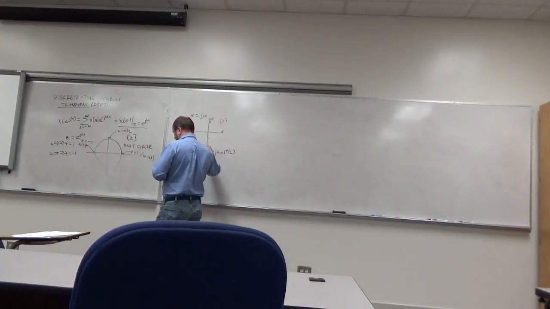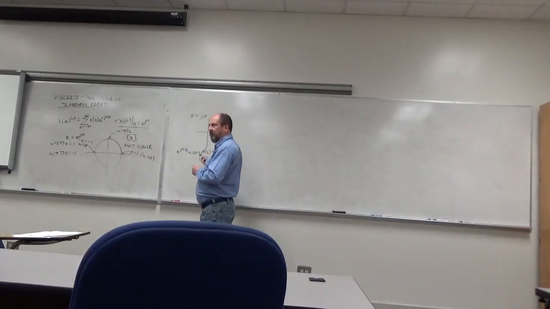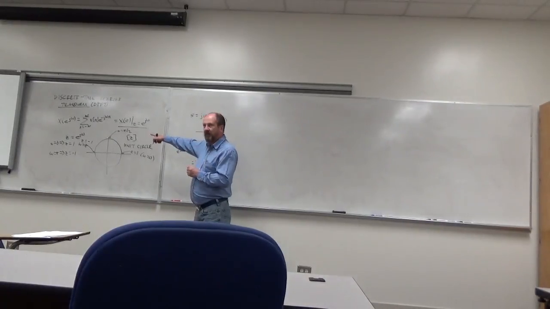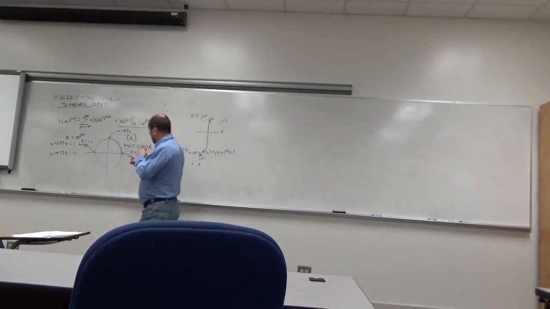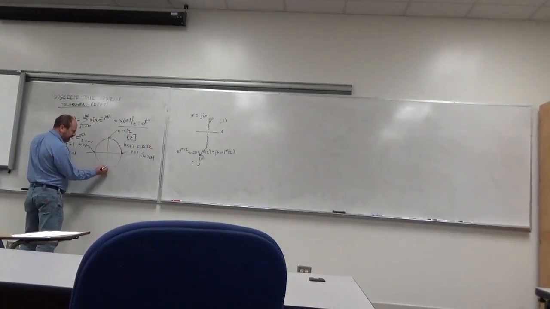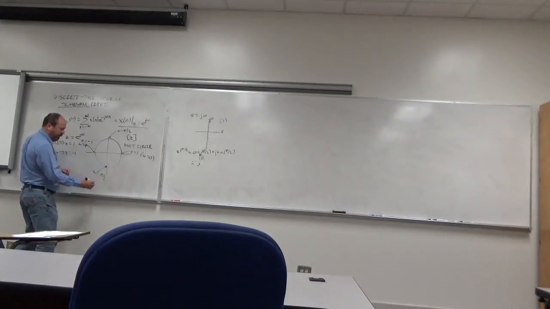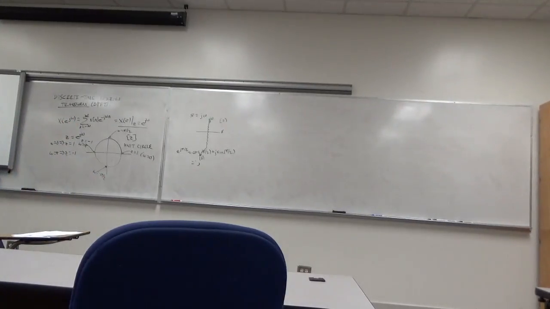Cosine pi over 2? 0. Okay. Sine pi over 2 is? Sine 90 degrees. 1. So that's just j. Up there, that's j. That intersects the imaginary axis at j. This intersection point down here is where omega is negative pi over 2, or omega is 3 pi over 2, either one, the same location.